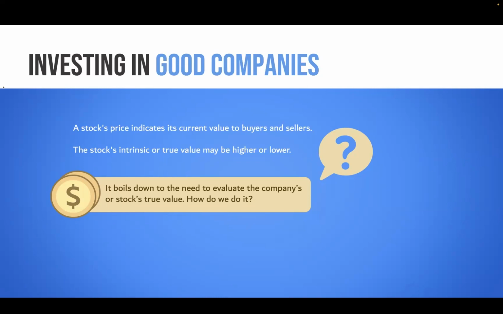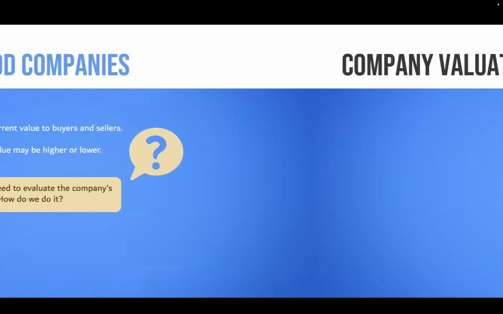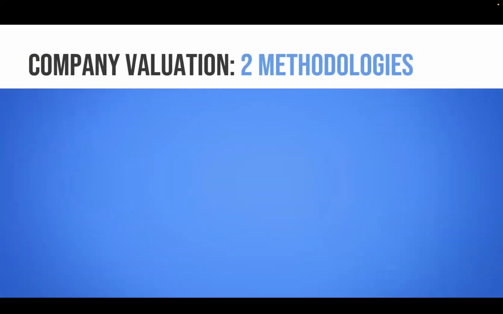And the challenge for us is, how do we evaluate a company's value? How do we do it? There are two methodologies used. There are two ways I can forecast a company's value. And when I say company's value, for an investor like us, that boils down to the stock value or share value.